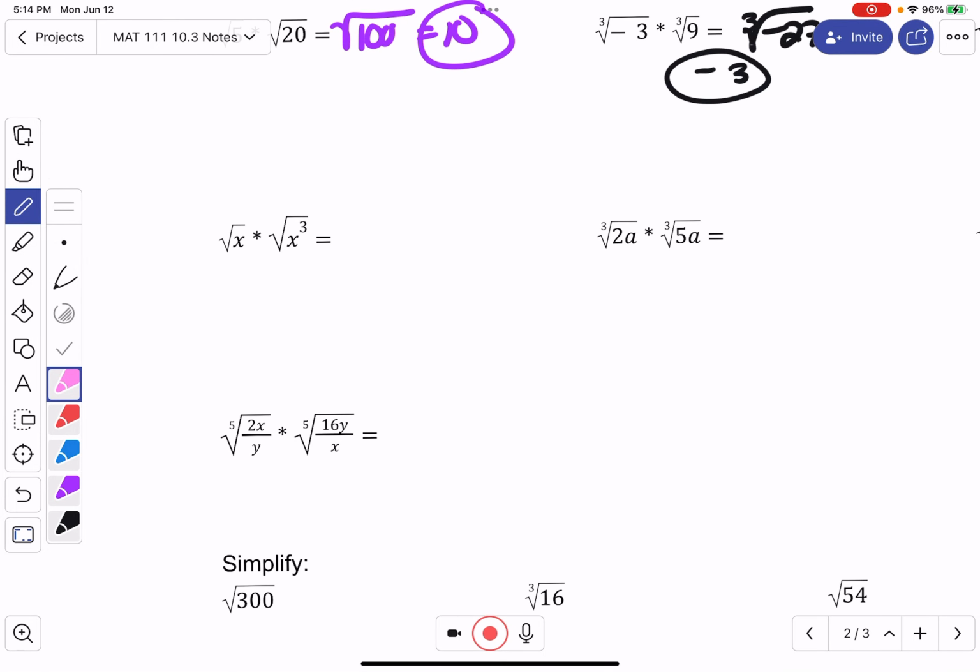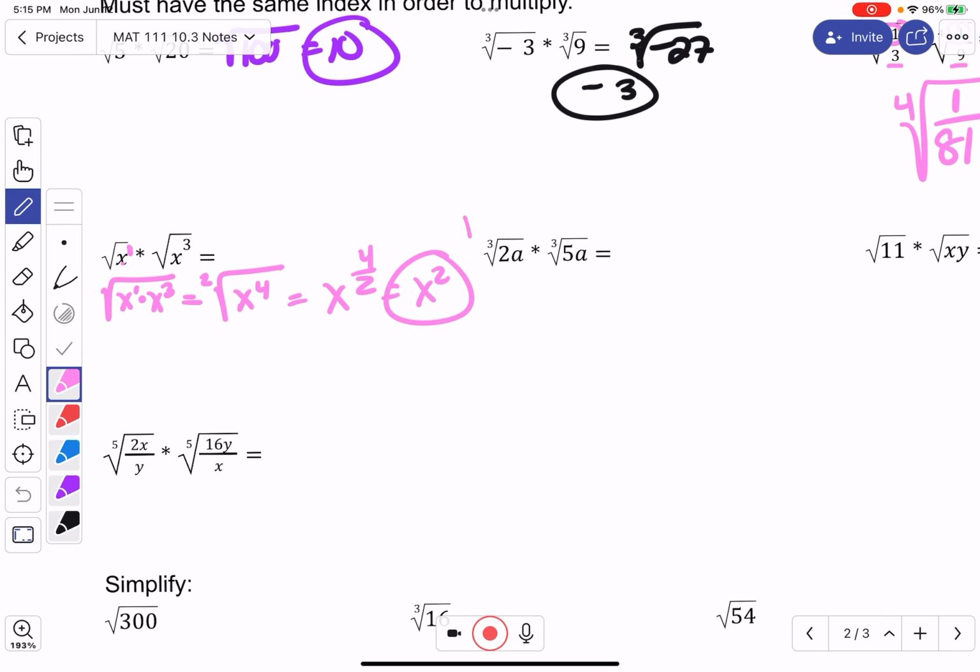All right, here, x to the first times x cubed. From the last chapter, we can add the exponents, so we'd get a 4. If we were to rewrite that as a fraction, we'd have 4 over 2, and 4 divided by 2 is 2. Now let's look at this one. Same thing.